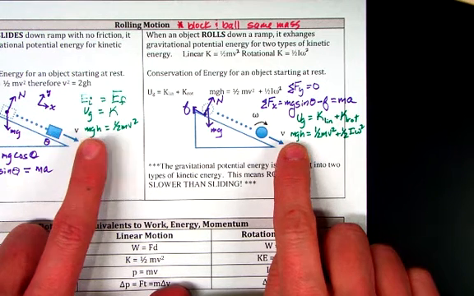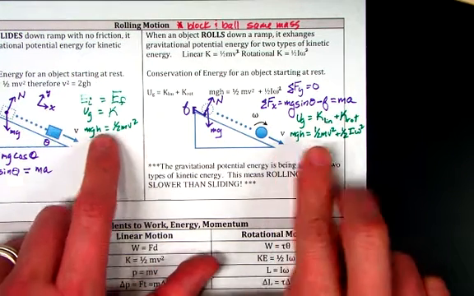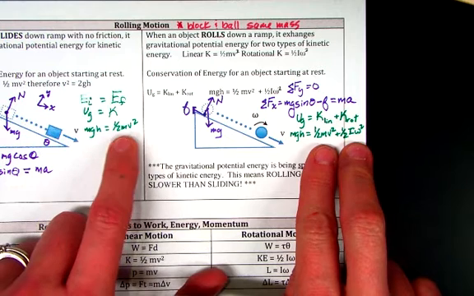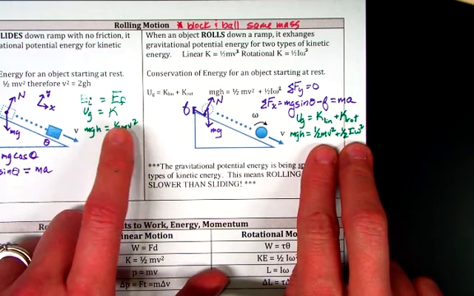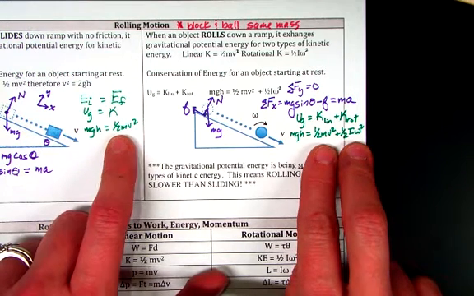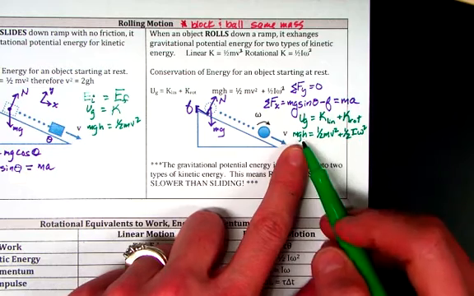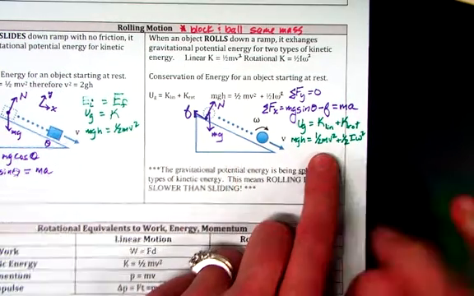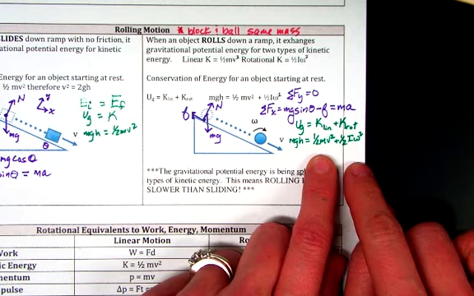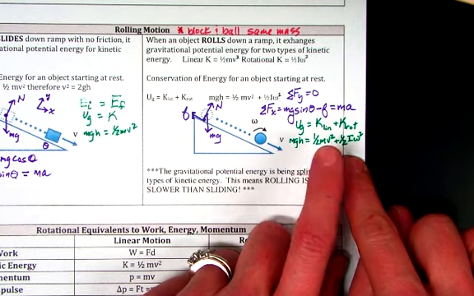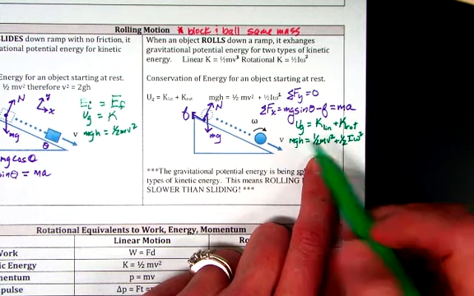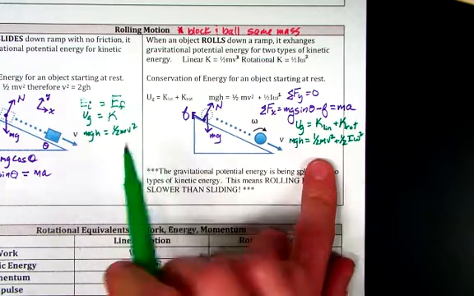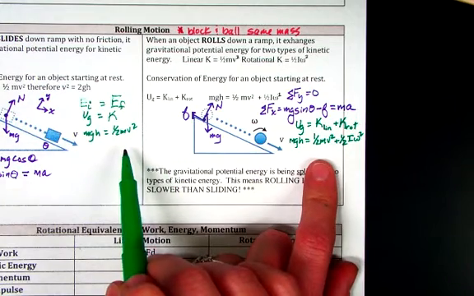Because the energy is conserved, when we go to that final energy, the final energy for the block turns into all linear kinetic energy. But the final energy for the circle, or for our ball, is split between rotational kinetic energy and linear kinetic energy, so the final speed is not going to be as fast as the final speed for the block.